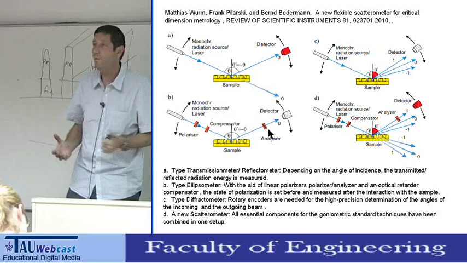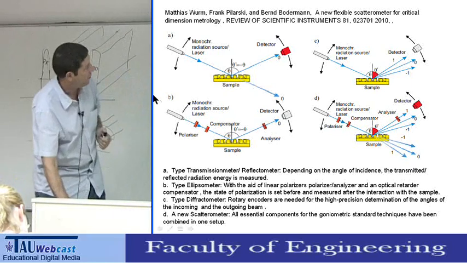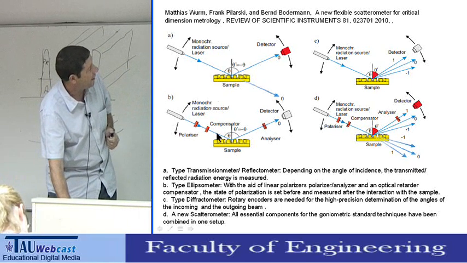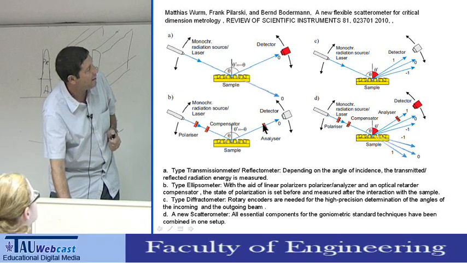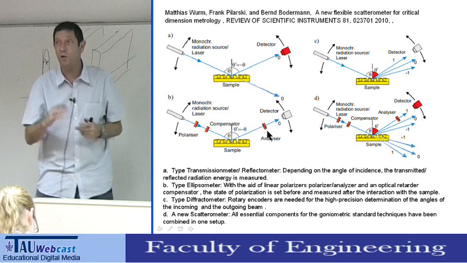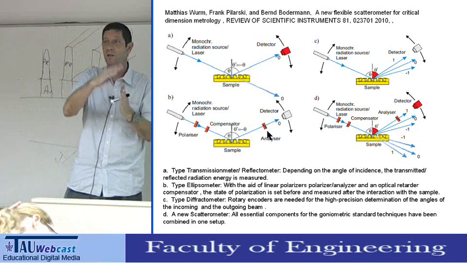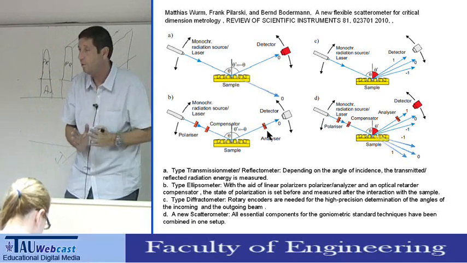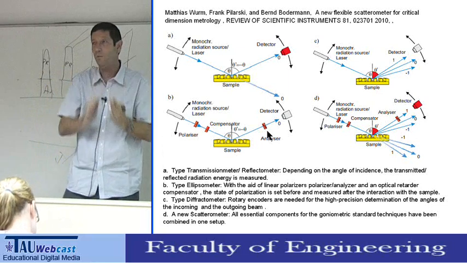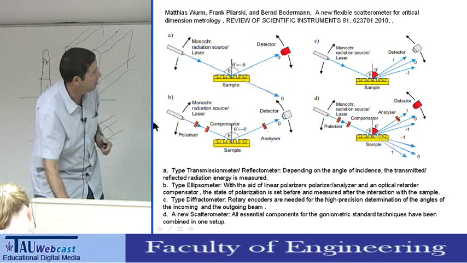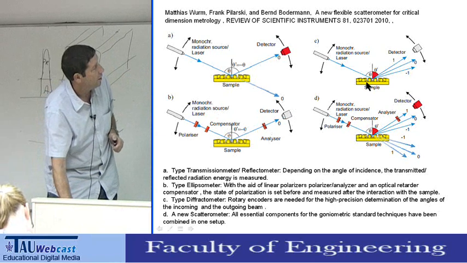I don't know if you're familiar with a tool called an ellipsometer, but you take the light, you polarize it, you measure the reflected light, and then you analyze it with an analyzer, which means you don't just measure the intensity, but you measure the intensity for the two possible polarizations, TE mode and TM mode. So this is called ellipsometer scatterometer.